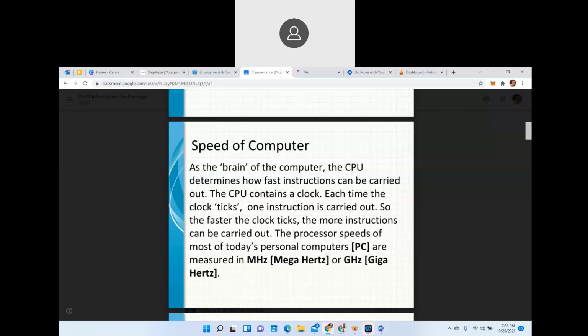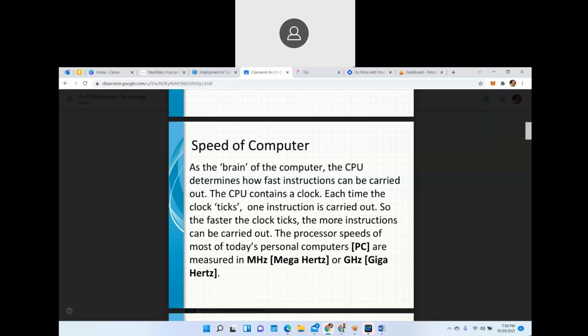So the processor speed of most computers today is usually measured in megahertz or gigahertz. Mega means million. Hertz has to do with speed. So megahertz means million instructions per second, all right? So the computer processes 1 million instructions per second.